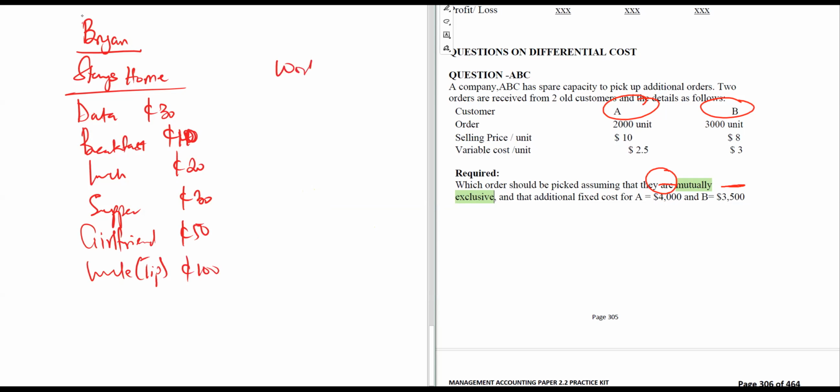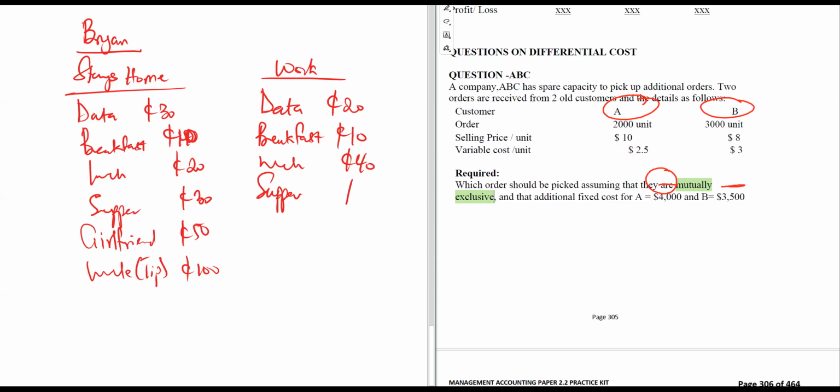Let's go to work. If Brian decides to go to work, he's going to have to buy data of only 20 CDs. His breakfast at work is going to be 10 cedis in the morning, but lunch at work is going to be 40 cedis. Supper will still be, let's say, 35 cedis.